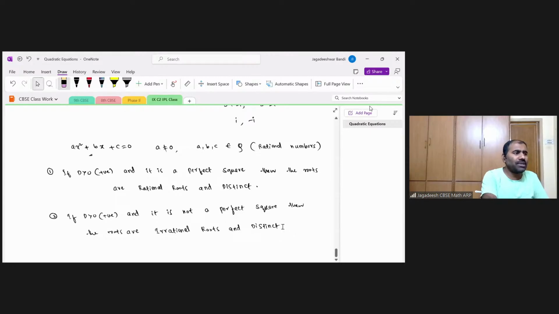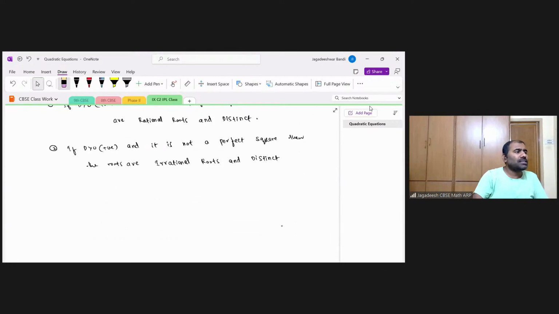Okay, so once we'll discuss here clearly. See, suppose if I write root 25, yes, it is a perfect square, so the root exists. Suppose if I write root 24, 24 is not a perfect square. So what is a perfect square? We can write the given number as the product of two similar numbers. Suppose say 25, 5 into 5.